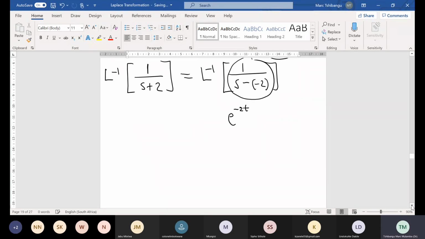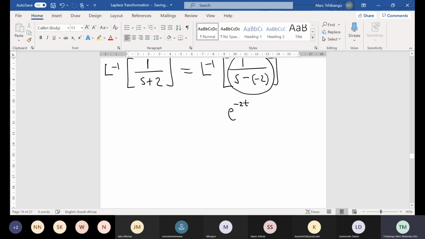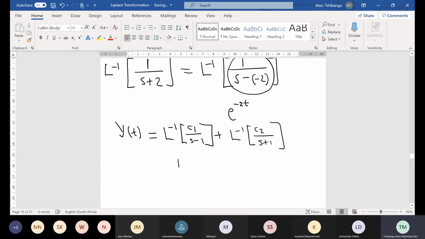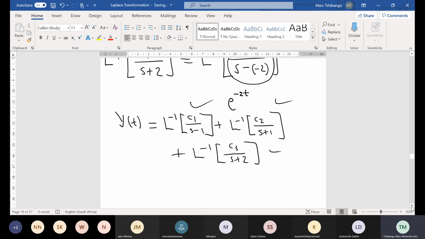So we can say that we have, I'm going to write y of t, which is equal to the inverse Laplace transform of c1 over s minus 1 plus the inverse Laplace transform of c2 over s plus 1 plus the inverse Laplace transform of c3 over s minus 2. I have performed all these inverse Laplace transforms, so I'm just going to sub.